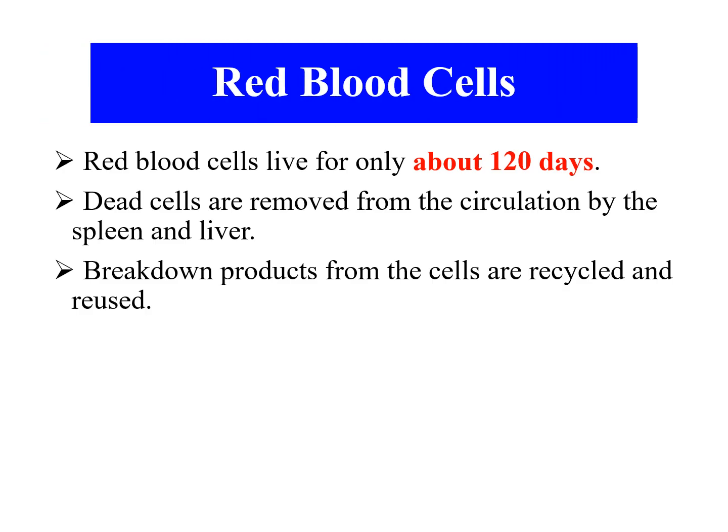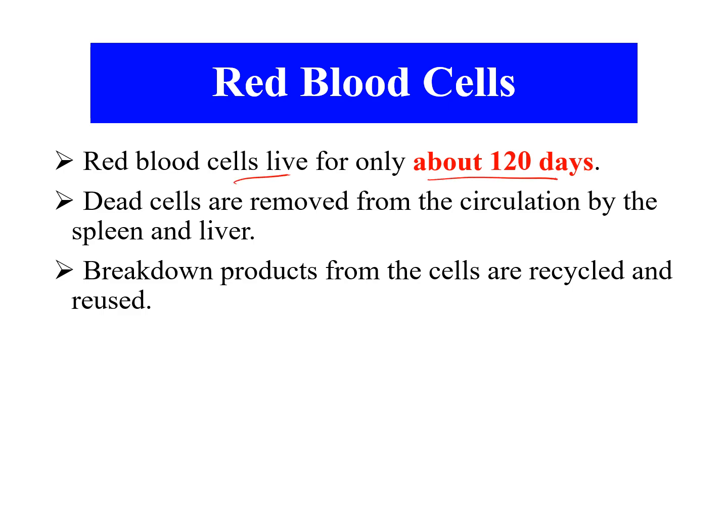Now that we have talked about erythropoiesis, we can talk about the breakdown of red blood cells. Remember, at some point I mentioned that formed elements are continuously being replaced in blood. Red blood cells can only live up to about 120 days.